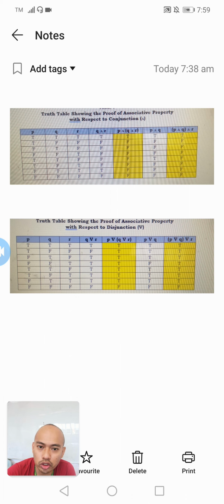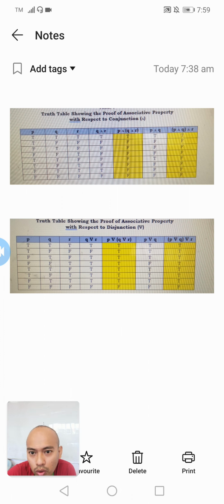For the right portion, we will first be simplifying, or finding first, the truth value of the enclosed parenthesis, which is P or Q. Take note, guys, that we are referring to the table below. So don't be misled. So for P or Q, we will connect P together with Q using the disjunction operation.